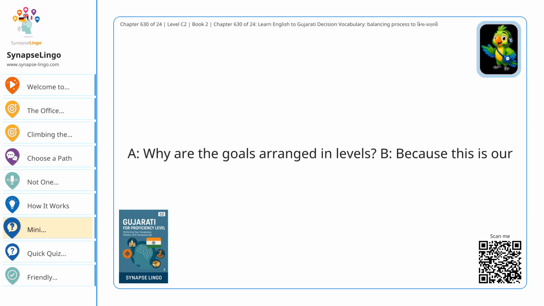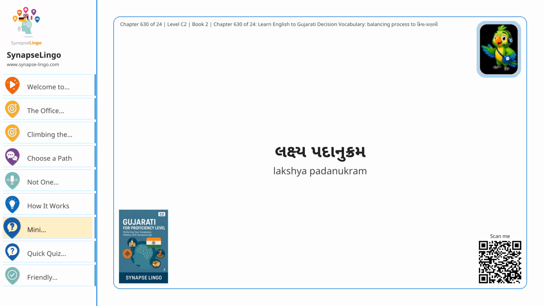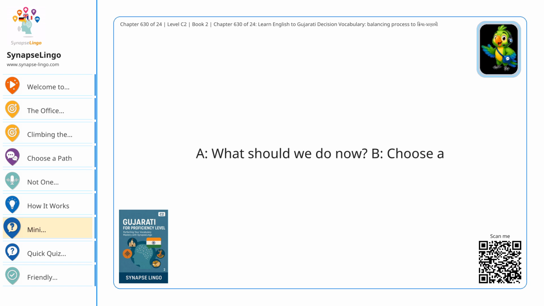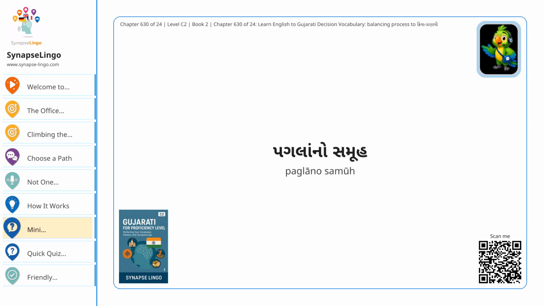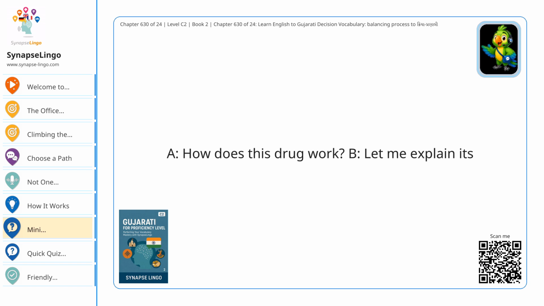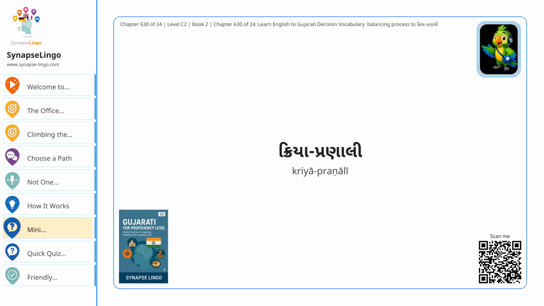A. Why are the goals arranged in levels? B. Because this is our. लक्ष्य पदानुक्रम. A. What should we do now? B. Choose a. क्रिया विकल्प. A. Is one solution enough? B. No, we need a. पगलांनो समूह. A. How does this drug work? B. Let me explain it. क्रिया प्रणाली.